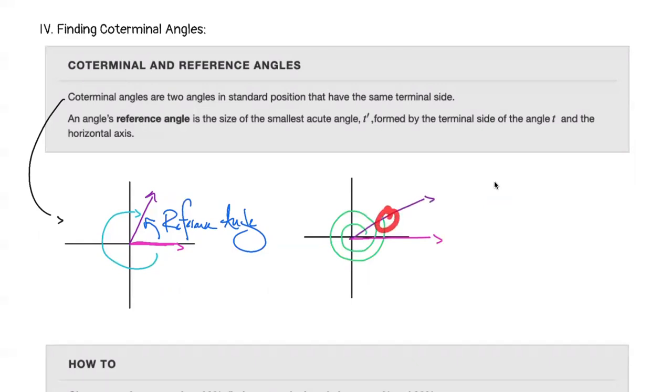So wherever that angle ends, that's the terminal side. Okay. The reference angle for this is right here. This angle, I went around 1 time, 2 times, and a little bit. But the reference angle is just the little bit, right? That acute angle.